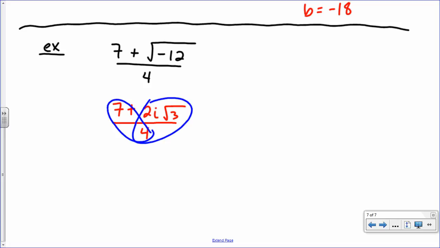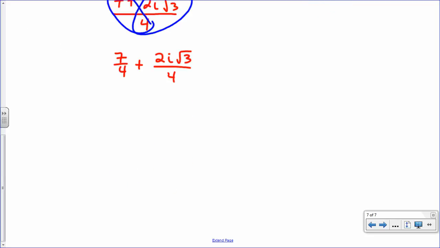And you have to do this because you need your real part and you need your imaginary part. So that's 7 over 4 plus 2i square root of 3 over 4. Now you can reduce your 2 over 4.